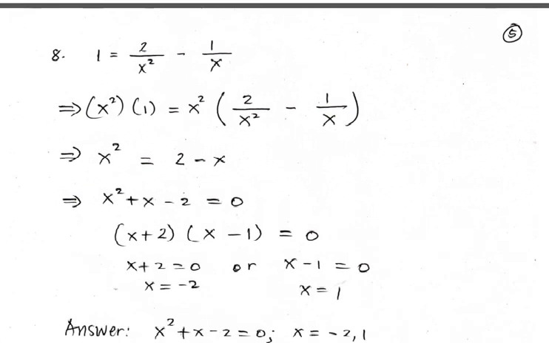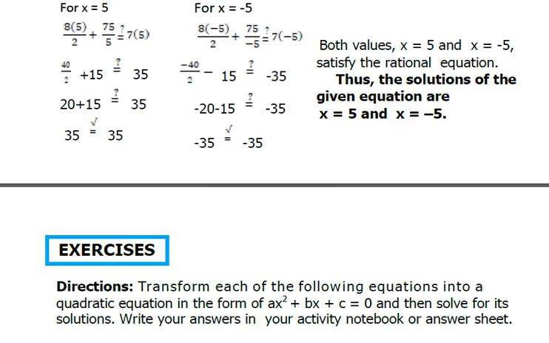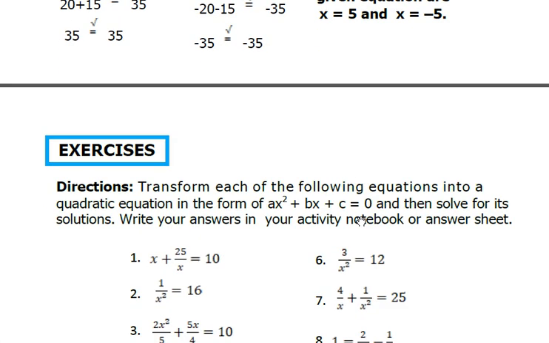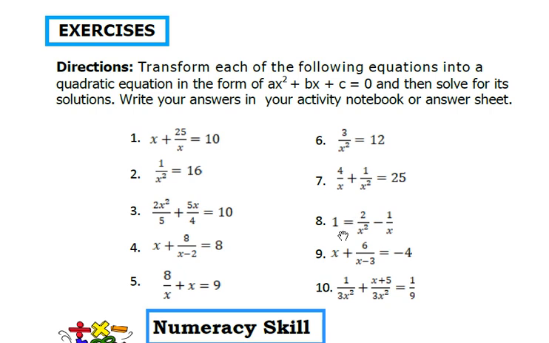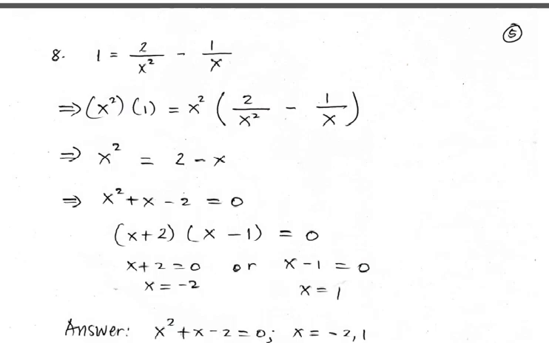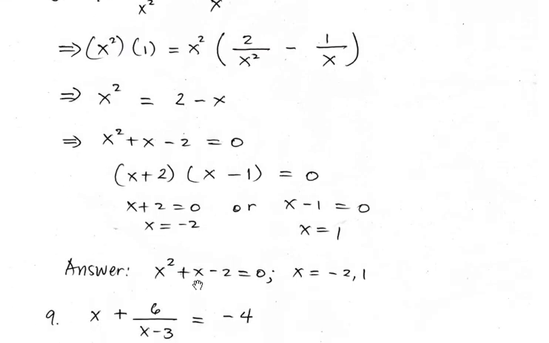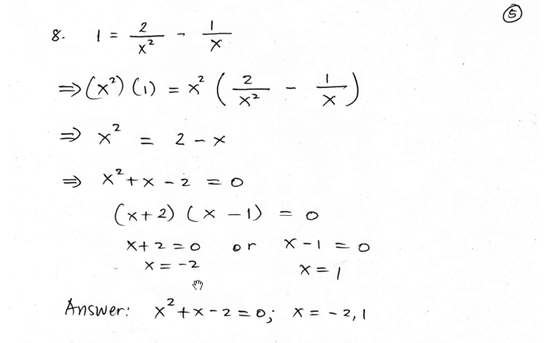Moving on to number 8, we have 1 equals 2 over x squared minus 1 over x. Solution. For number 8, it's a rational algebraic expression.